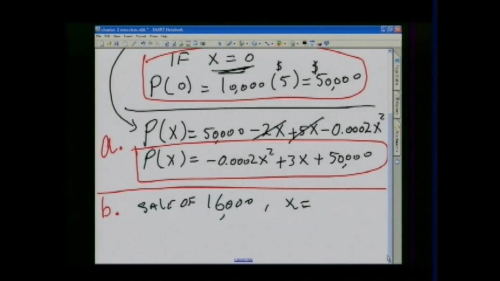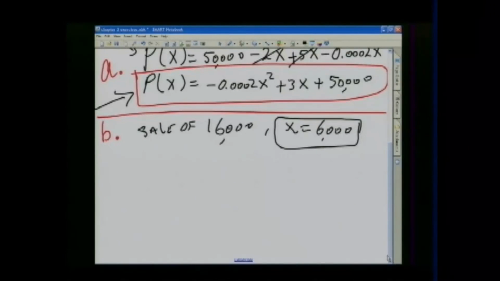So X would be, in this case, equal to 6,000. That's very important, not to put the whole 16,000 in the profit equation. X is actually 6,000 because X is the number of bottles over 10,000. So you put 6,000 every place you have X.